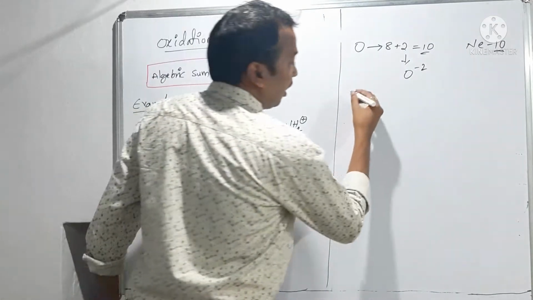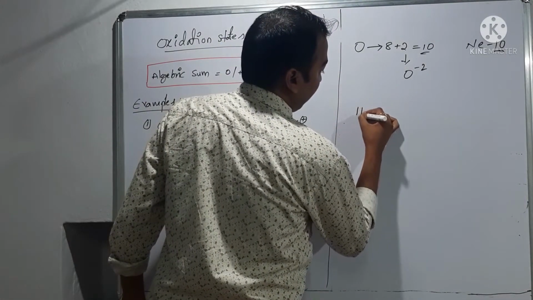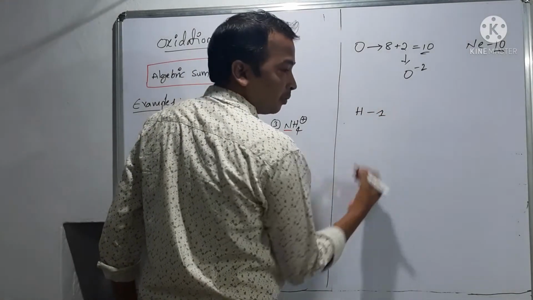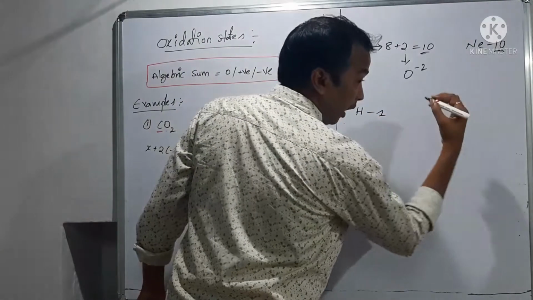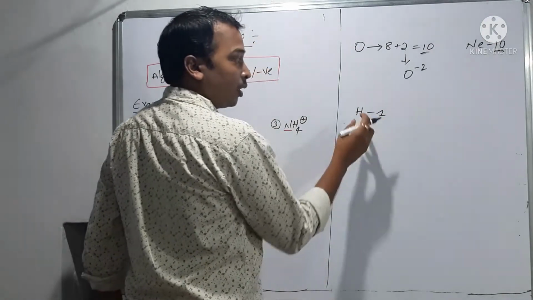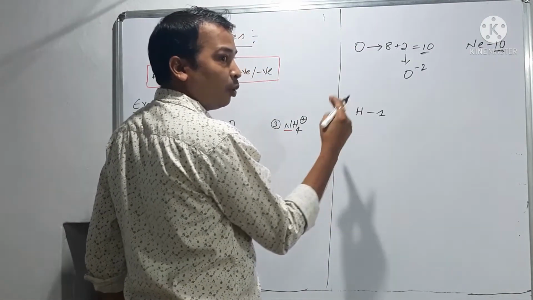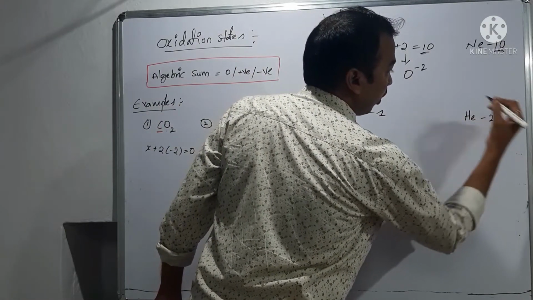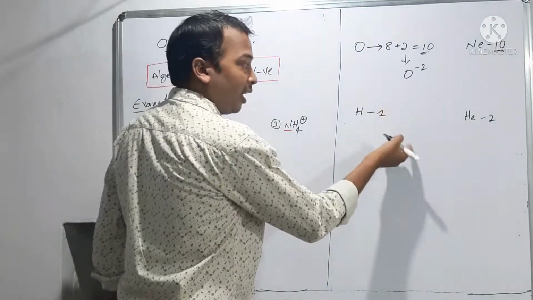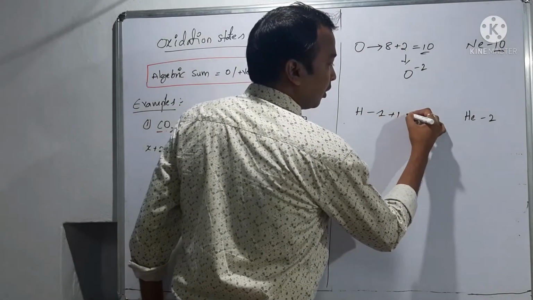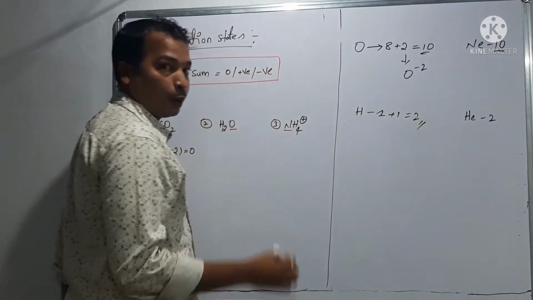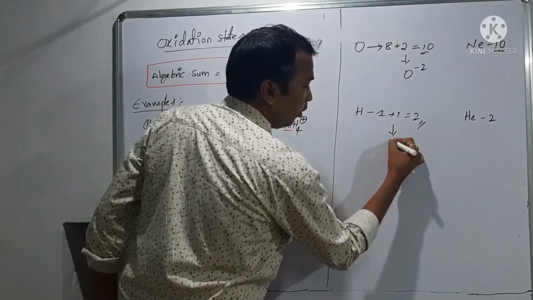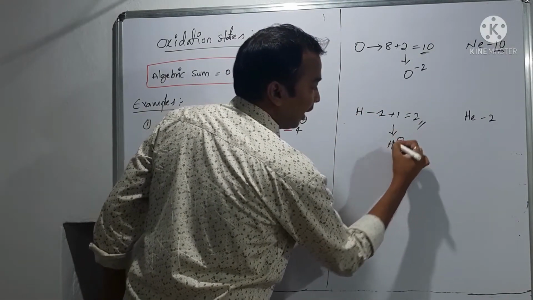Like that, hydrogen also has two possibilities. Hydrogen's atomic number is 1. The helium configuration has atomic number 2. By gaining 1 electron, hydrogen reaches 2, that means hydrogen is converted to H minus.